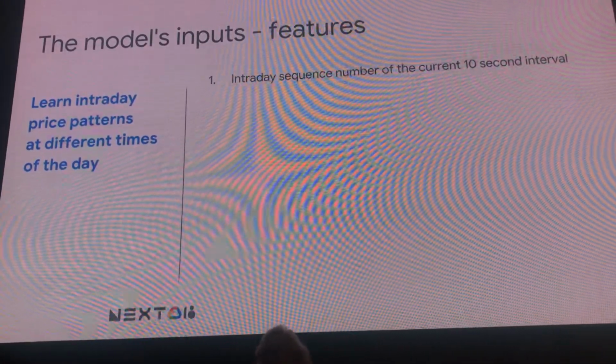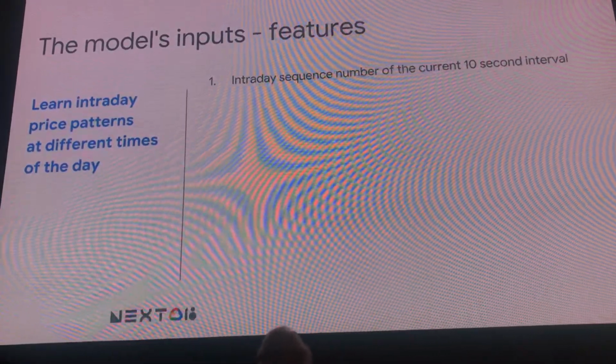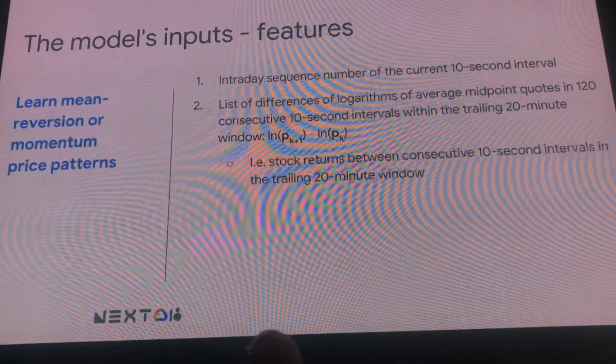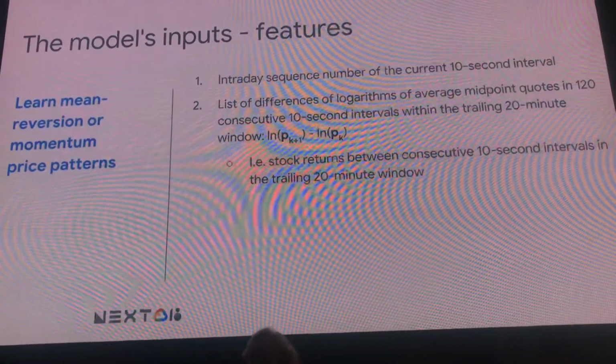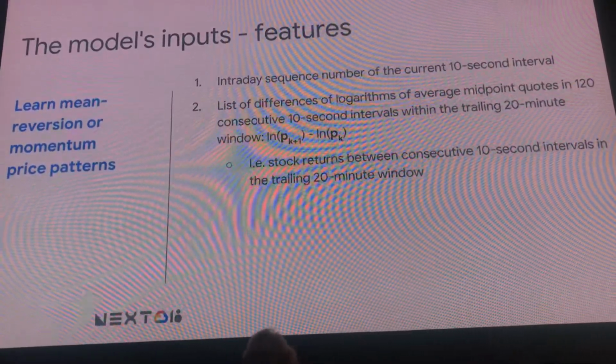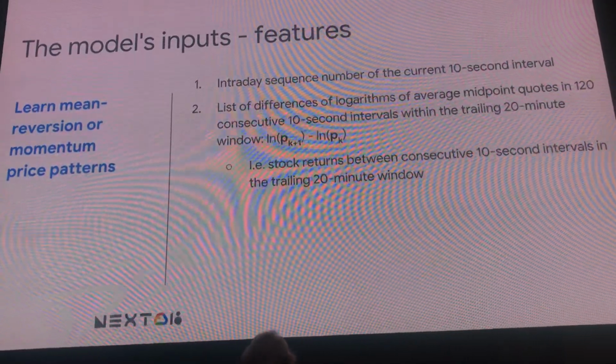And to do this, we're going to include a feature based on the intraday sequence number of the current 10-second interval. Then we want to capture mean reversion or momentum price patterns, and for this we're going to be using a list of differences of logarithms of average midpoint quotes in the last 120 10-second intervals.